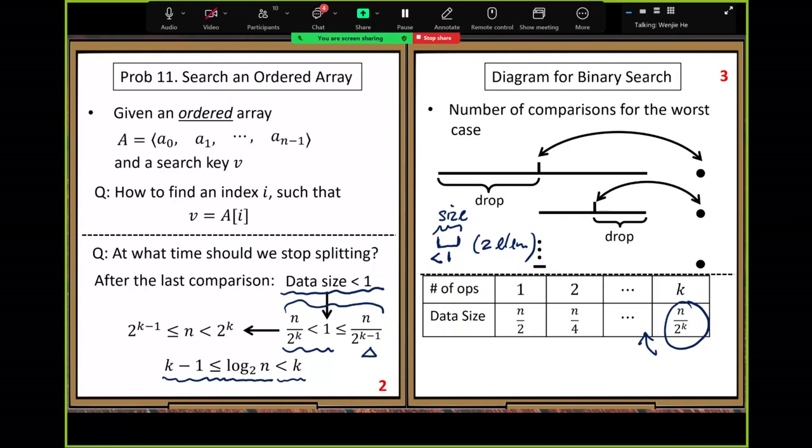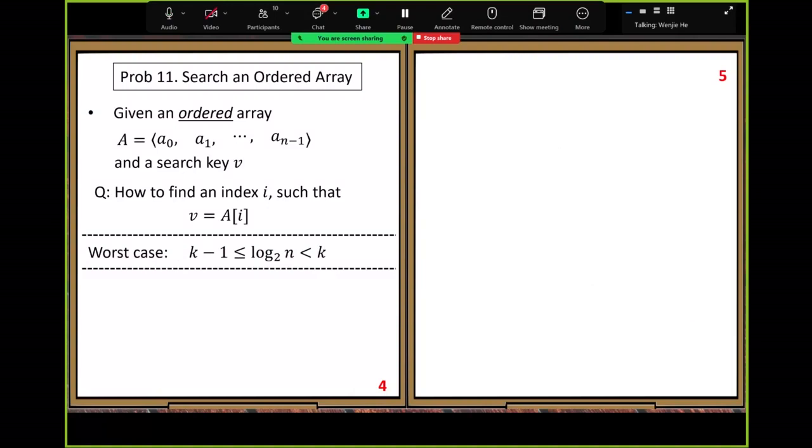Then, because our goal is to estimate k. K corresponds to the number of comparisons, right? The number of comparisons for the worst case. That's the k here. So now we want to represent k in a clear, convenient way.